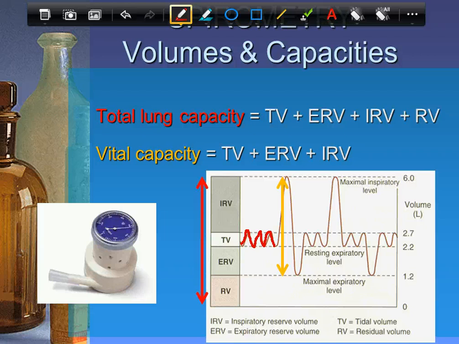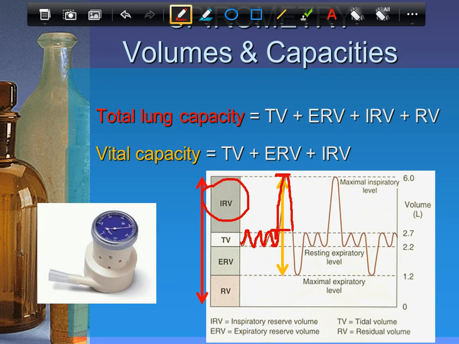Now at the bottom of this exhale, where we would normally take a normal inhalation, we're going to do a normal inhalation, but then we're going to keep on inhaling beyond a normal inhalation. This amount right here beyond a normal inhalation is called inspiratory reserve volume, IRV, beyond the normal inhalation. Now we're then going to exhale.